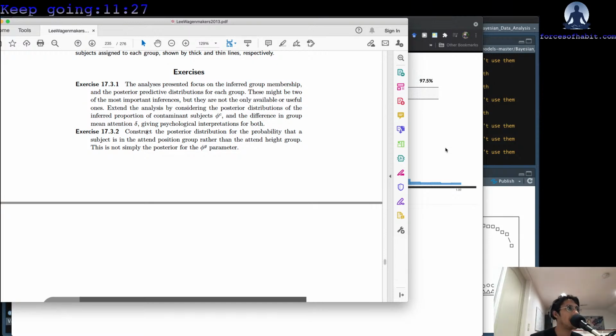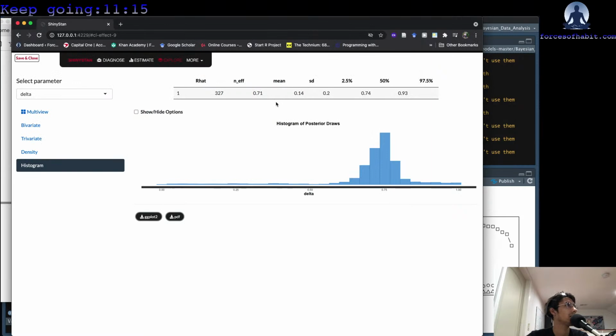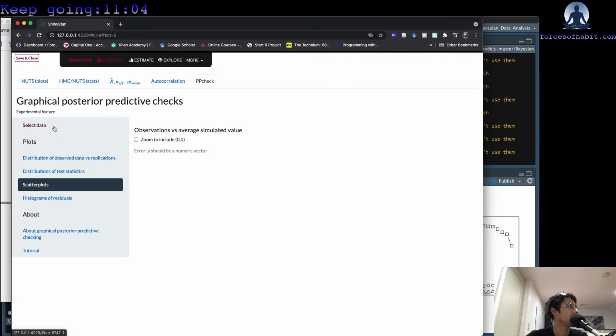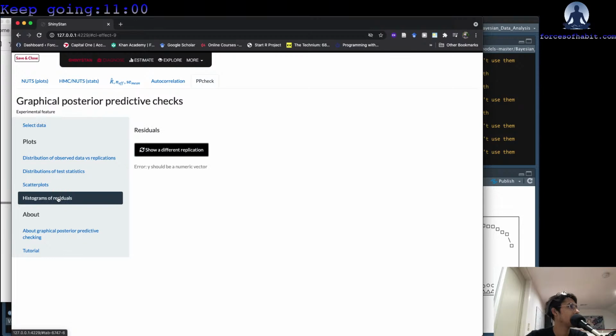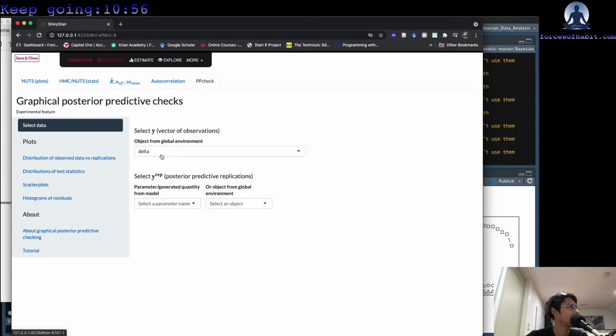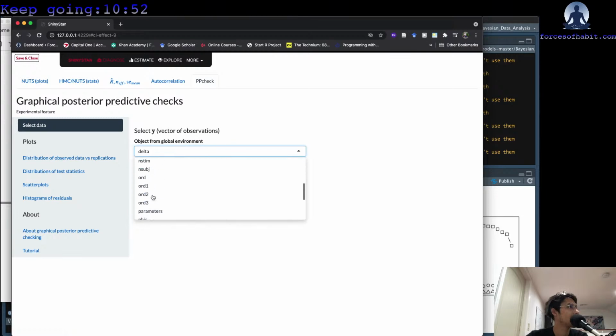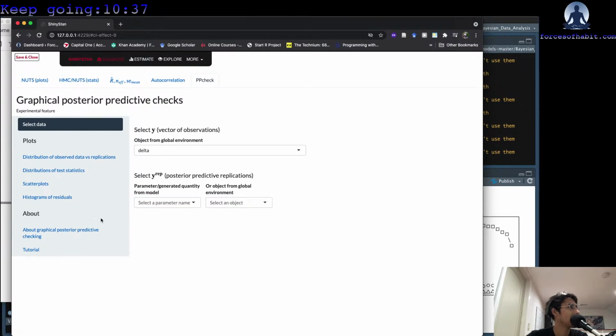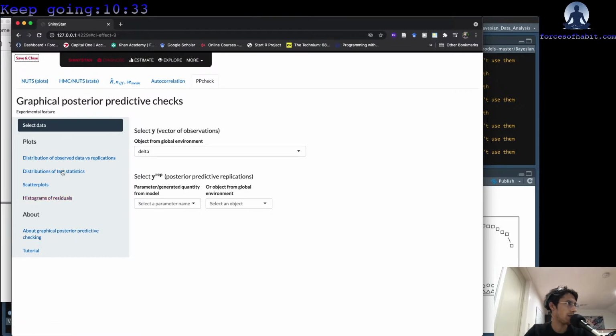So rather than looking at the weight or the dominant weighting, this is asking for a ratio. You can do posterior predictive checks in here. That's cool.